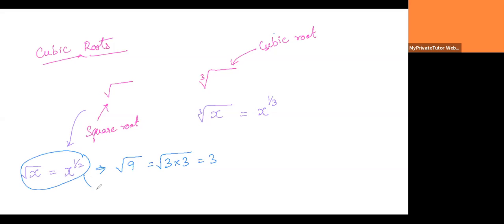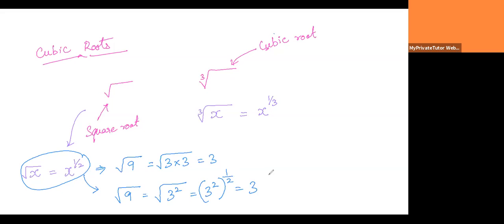how does this formula work in square root? Let's try. Can we write square root of 9 as square root of 3 square? Yes, because 9 is nothing but 3 square. And now change the square root to an exponent: 1 by 2 as an exponent.